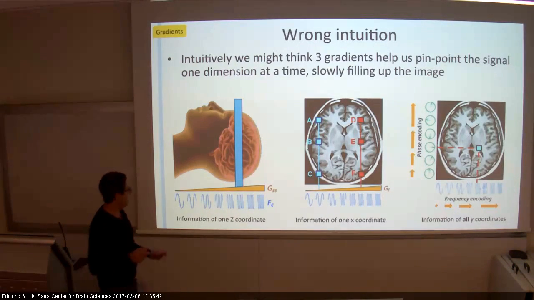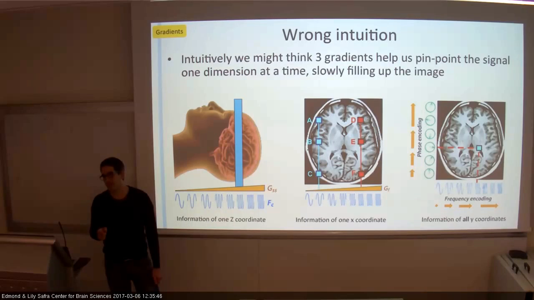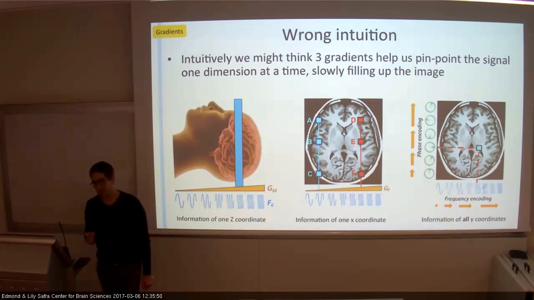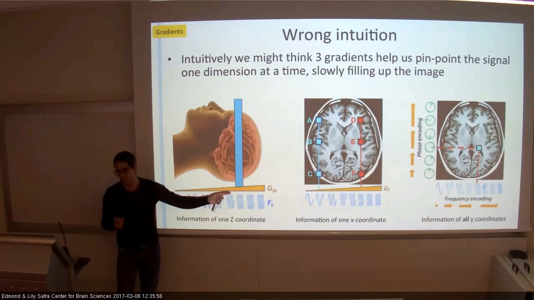But isn't that built on the gradient? So there are different gradients in the sequence, right? One of them allows us to excite with a 90, for instance, only a specific set of protons that are at a specific Larmor frequency.